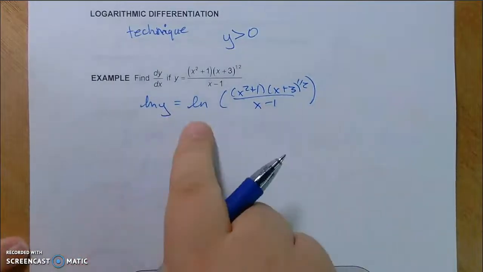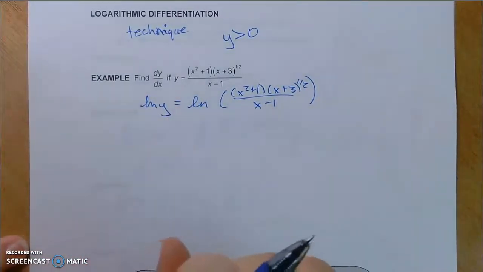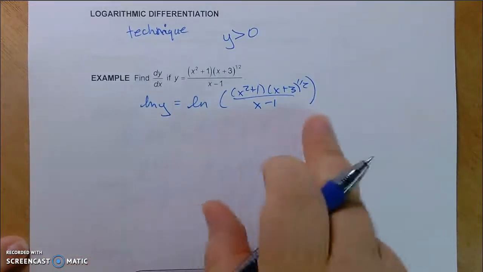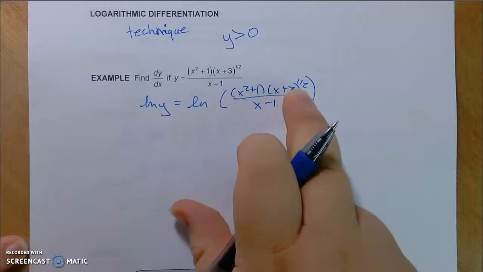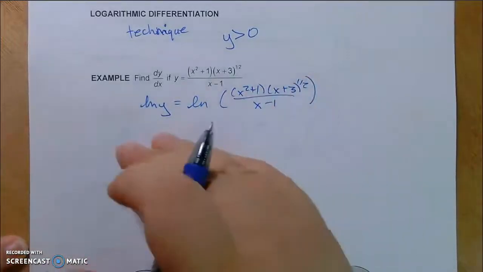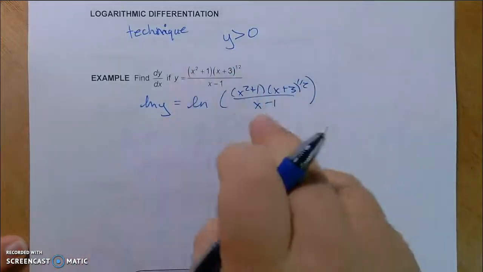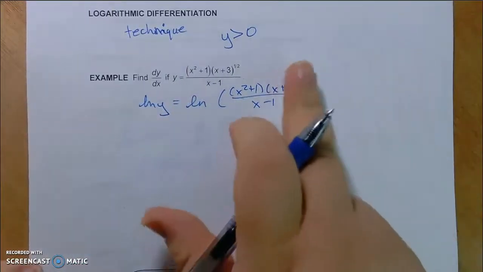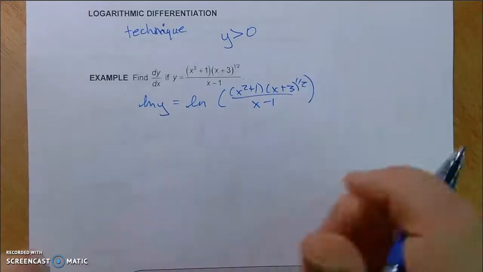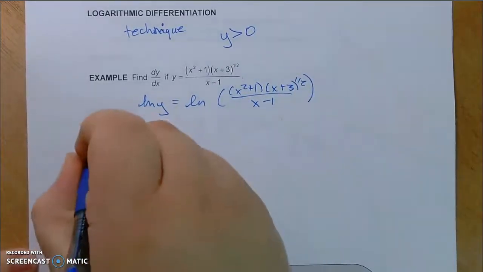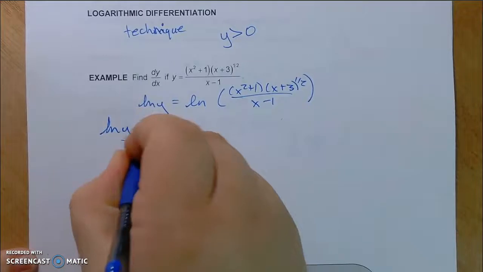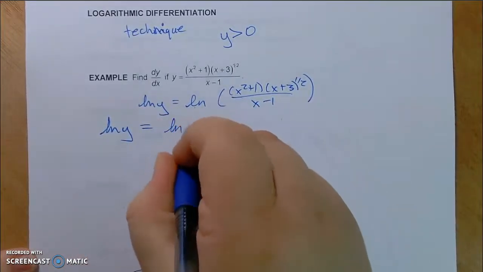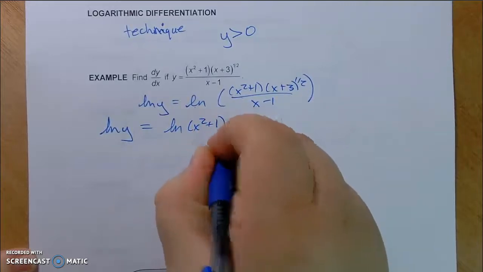After we take the log of both sides, we're going to expand using those properties of logs that we reviewed on the previous page. So anything that's in the numerator will be added as a factor. Any factor in the denominator will be subtracted. And any powers on those factors will be brought down in the front. So what that means is we have the natural log of y equals the natural log of the first thing here, which is natural log of x squared plus 1.